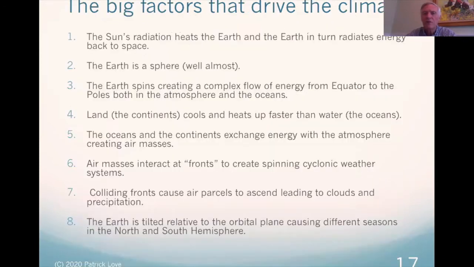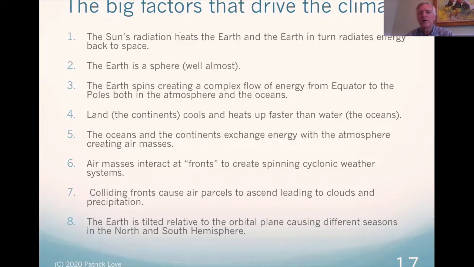So now in this section, if we look at the big factors that drive the climate, that was the very first one, and it is the one we spent the most time on. But now we're going to go into some of these other factors, and in fact, we're going to get down pretty much to factor number 6.